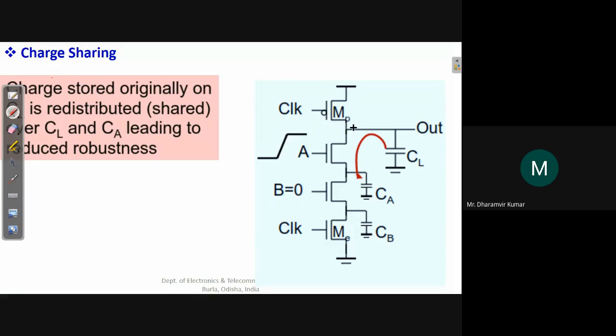Okay, now look at this example. So what is this charge sharing problem actually?